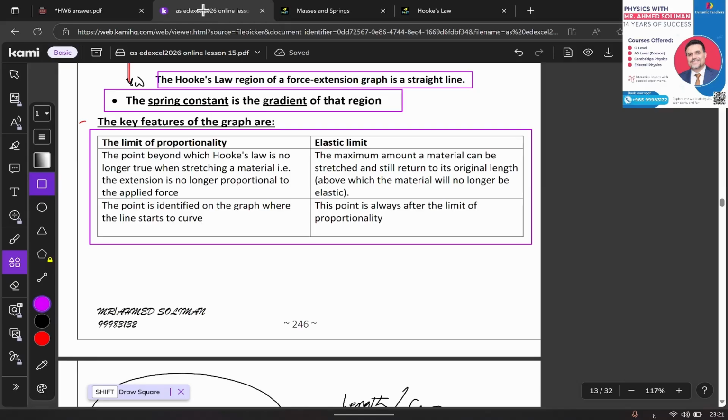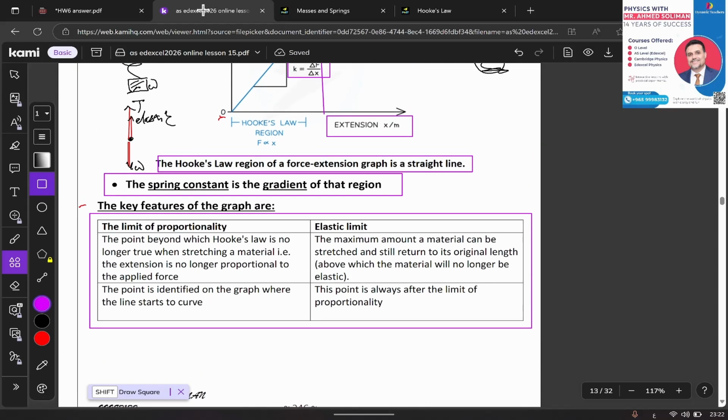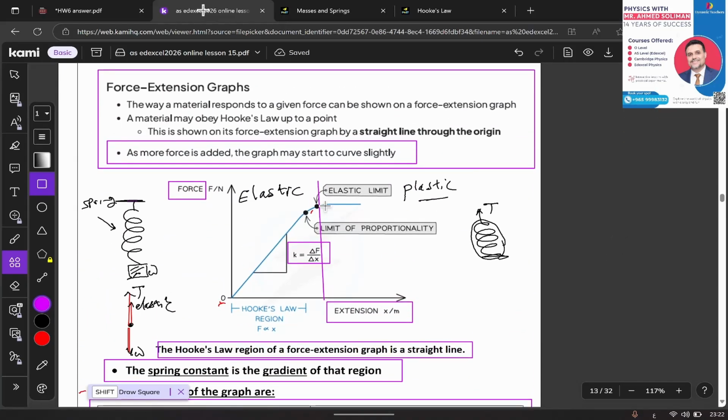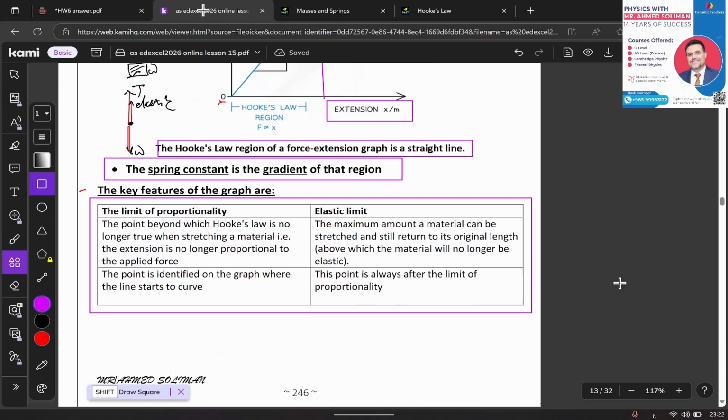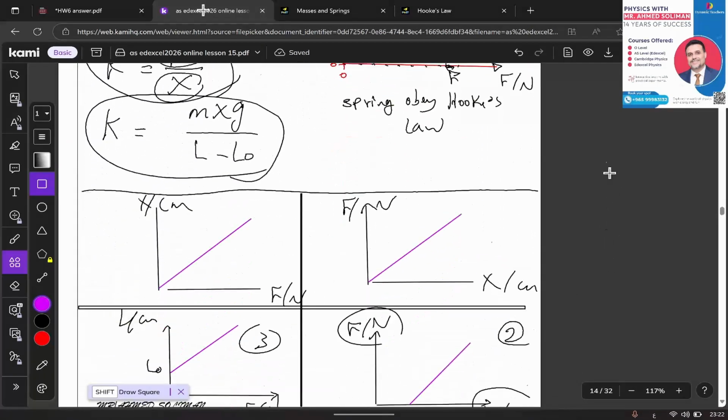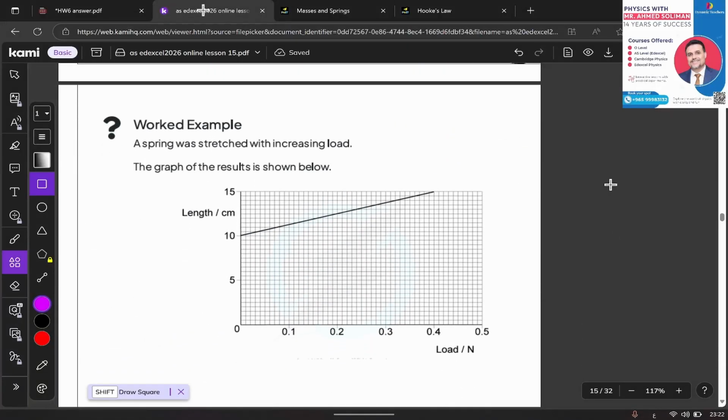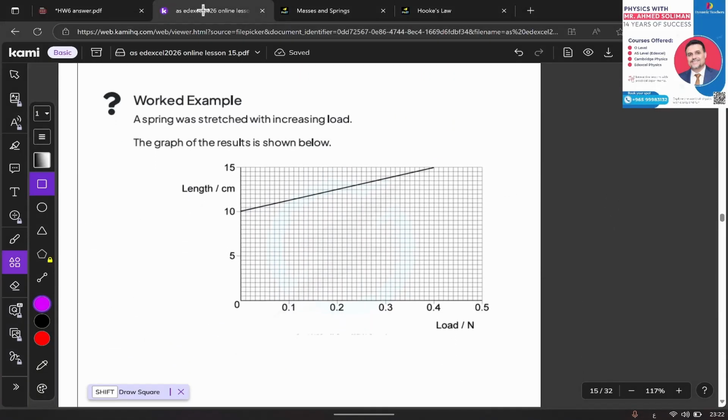The maximum amount the material can be stretched and still return to its original length, above which the material will no longer be elastic. This point is always after the limit of proportionality. Okay, so you can't replace elastic limit with limit of proportionality. Limit of proportionality, after that, the elastic limit. Okay? Okay, now I will start with you, Mirula, to solve this example.